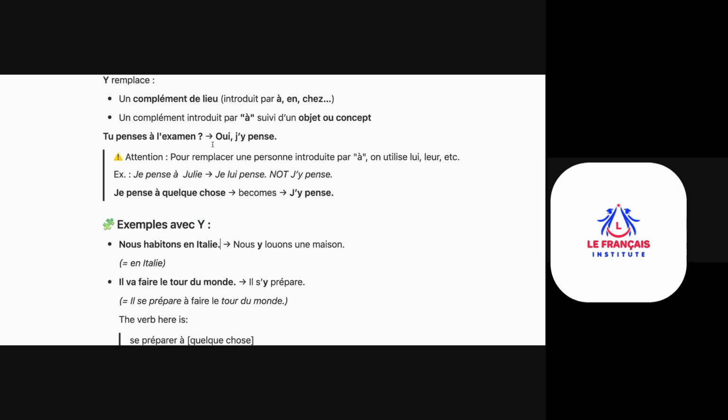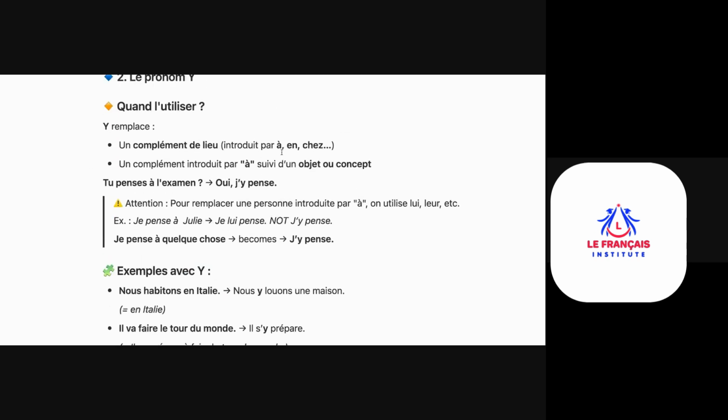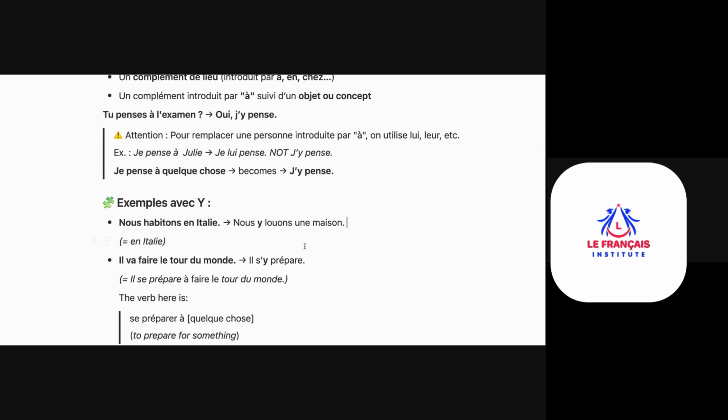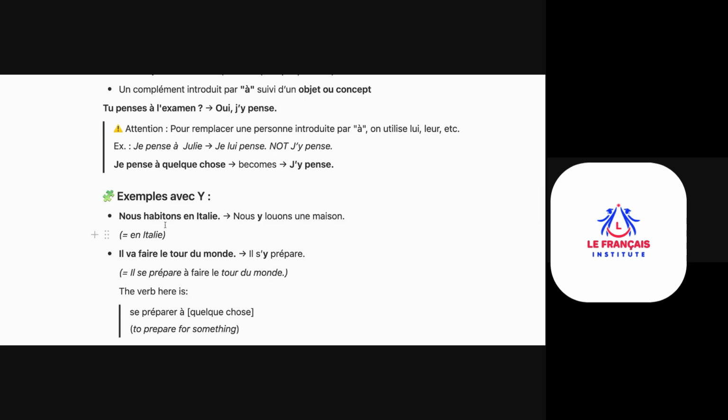So any place complement introduced by à or chez. So we have à here in the list. Nous habitons en Italie. Nous y louons une maison. We rent a house there. We don't say nous louons une maison en Italie, no need.